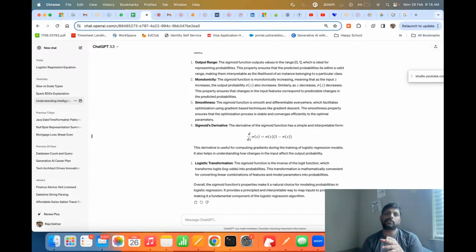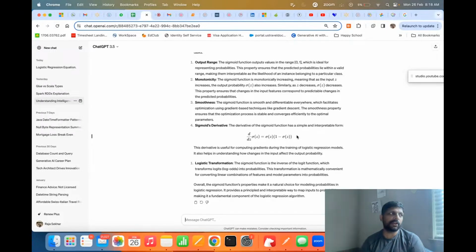Let's say we call the sigmoid function sigma. The differentiation of sigma is sigma times 1 minus sigma. I would love to do the math to show you how the differentiation of 1 by 1 plus e power minus z works, but this time I'll step back and put it outside the scope of this discussion.